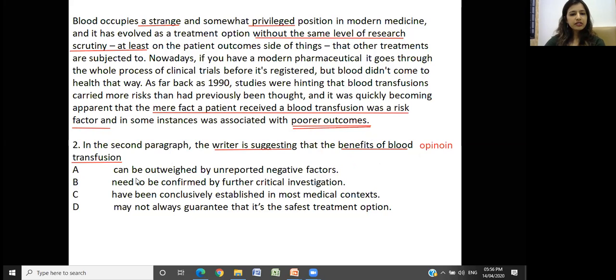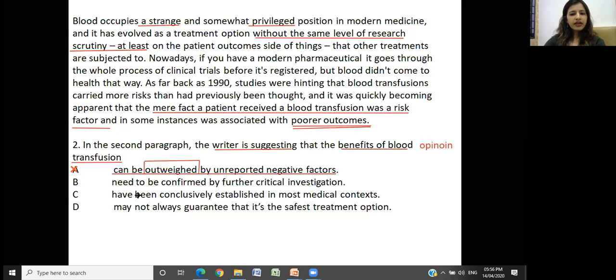Yeah. Can I rule out this answer choice? A, can be outweighed by unreported negative factors. To outweigh means to be more in importance or in weightage. So benefits outweigh negative impacts, but the writer is highlighting that there hasn't been enough research. So he's neither saying benefits are more nor the negative factors are more. Okay.